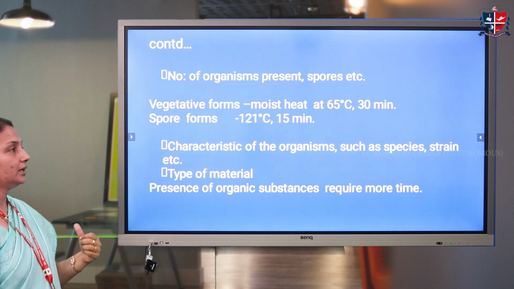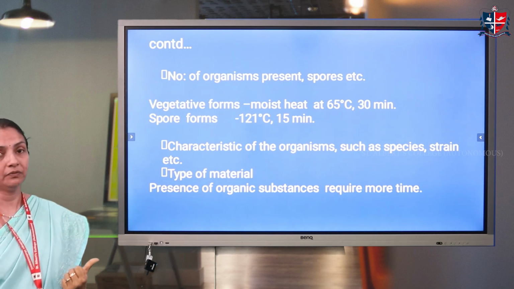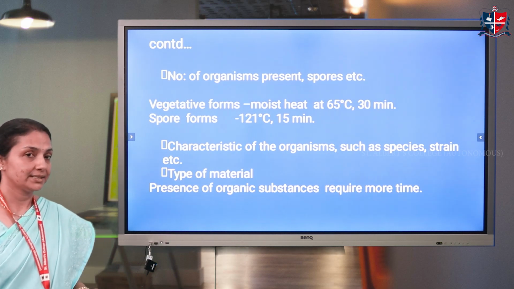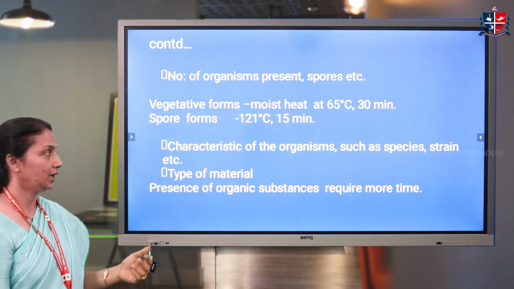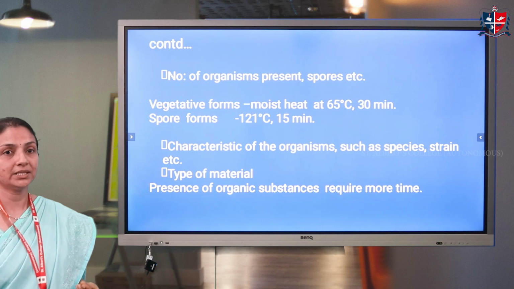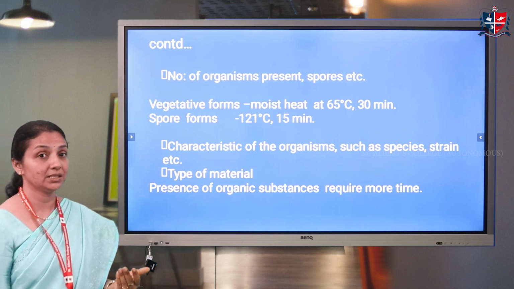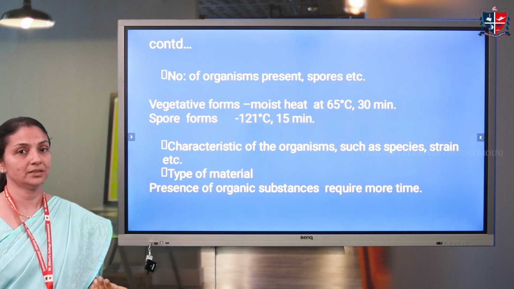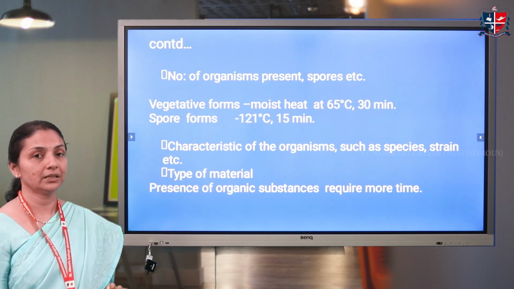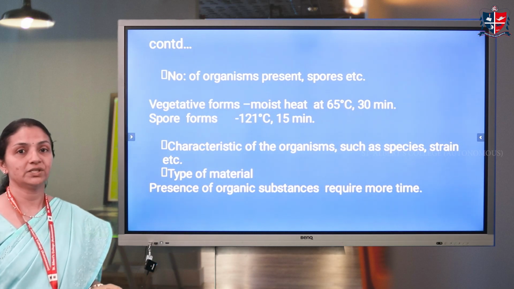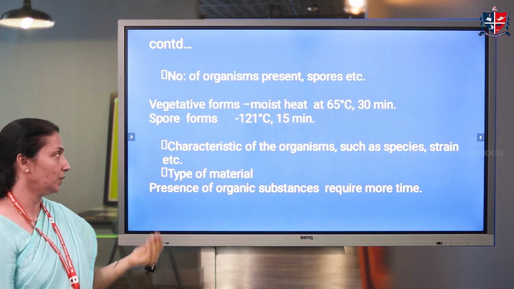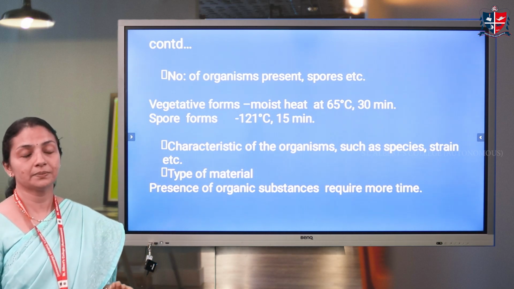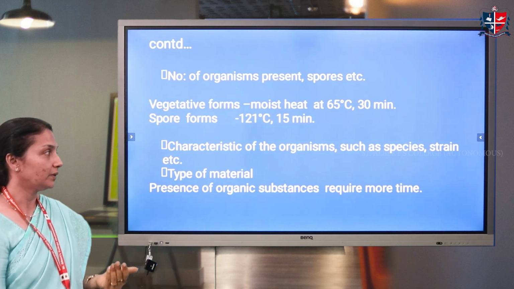Next one is the characteristic of the organism. What type of organism we have to kill, whether it is a sturdy one or a delicate one, and which species. Mycobacterium, which causes tuberculosis, is very sturdy and cannot be easily killed. Corynebacterium or cell-deficient forms may not be easily killed. Spore-bearing ones will not be easily killed either.